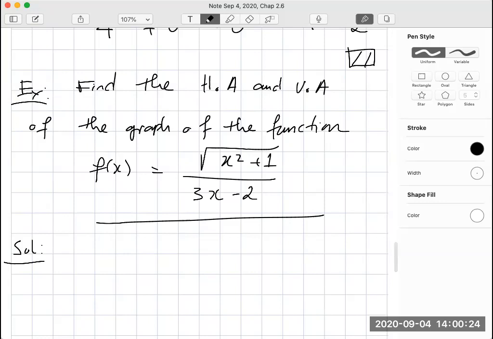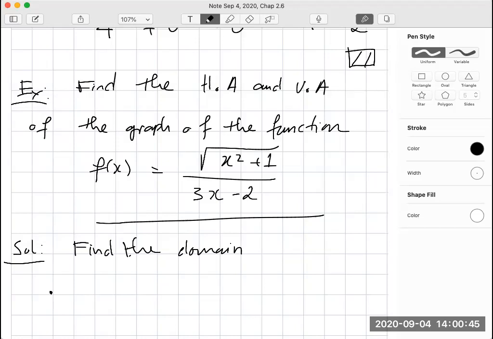Before we solve these problems, we should know where the domain is, right? So the domain, we need to find it first to make sure that we understand it. And how to find it?